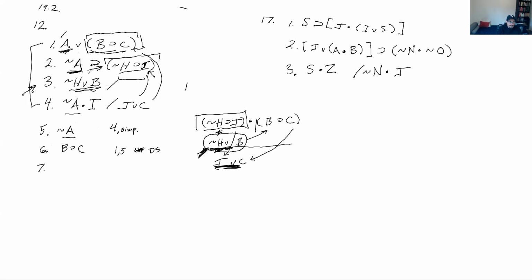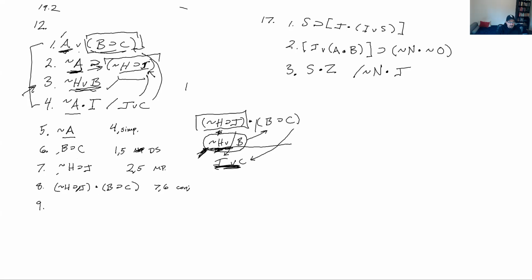Then we can use not A to plug into 2, not H, therefore J. And that's from 2, 5 modus ponens. Then I'm going to put lines 6 and 7 on the same line. I'm going to go not H, therefore J, and if B, then C. That is 7, 6, conjunction.